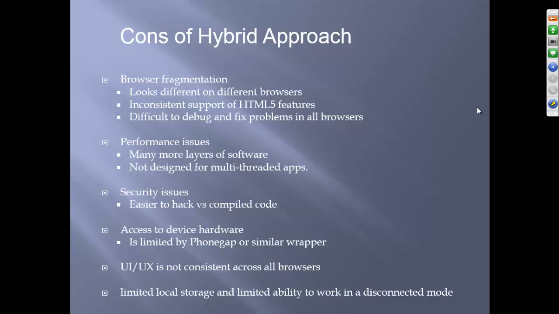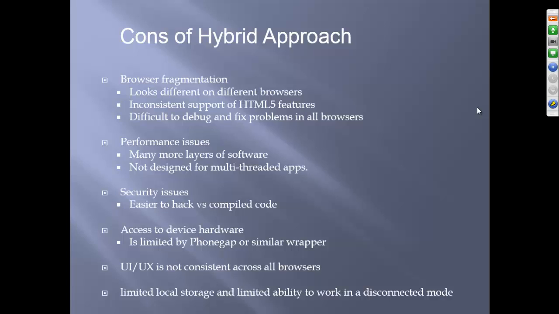Some of the features of HTML5 are supported on some browsers, but are not supported on other browsers, right? So if you are an absolute stickler for achieving a consistent UI UX experience, you'll find that that's very difficult to do using a hybrid app approach.